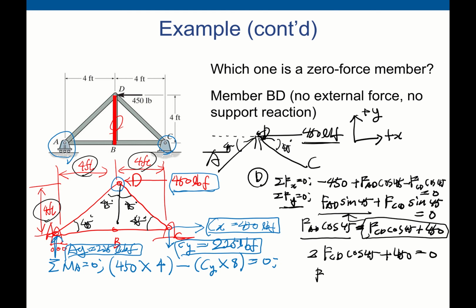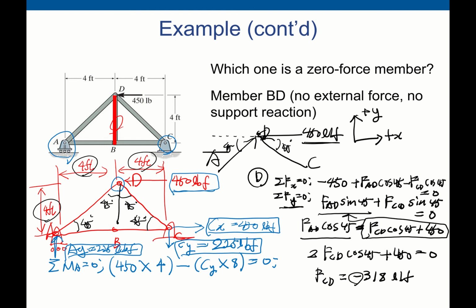FCD, in this case, we can find that this is a negative sign, minus 318 pound force. Since we have a negative sign here, we have to realize that our assumption was wrong. FCD is not a compression.